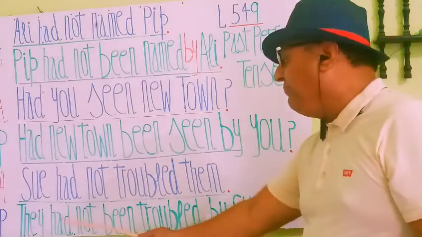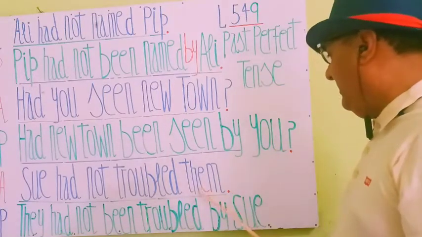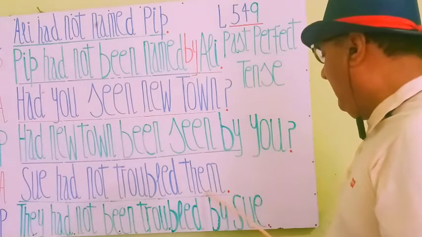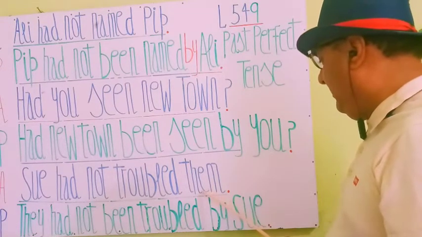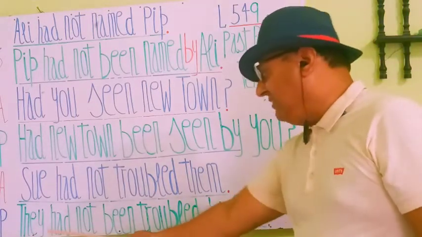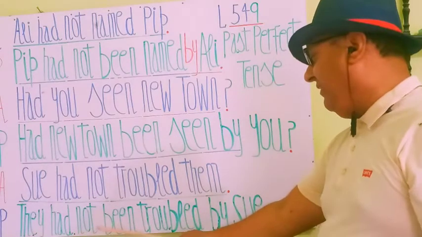You see that they will stand as a subject because them is the object, and in passive it will stand as a subject. So its subjective form is they. Then we will add had. Then we will add not.